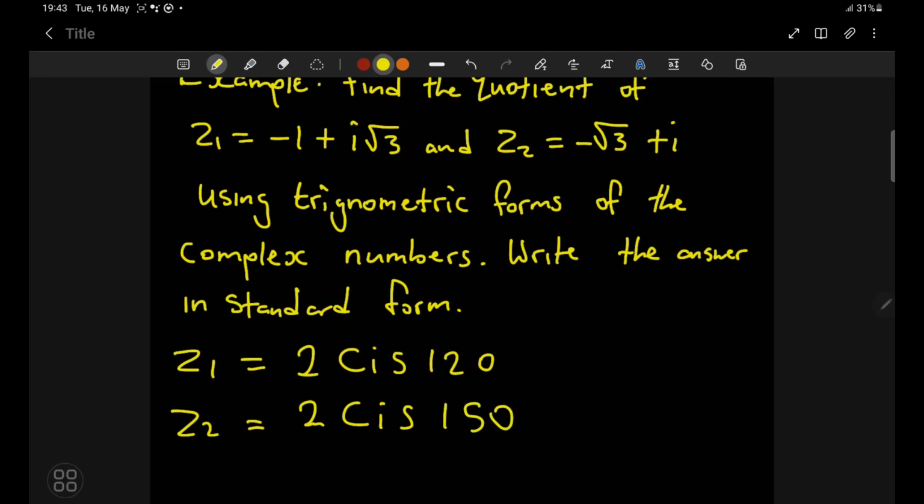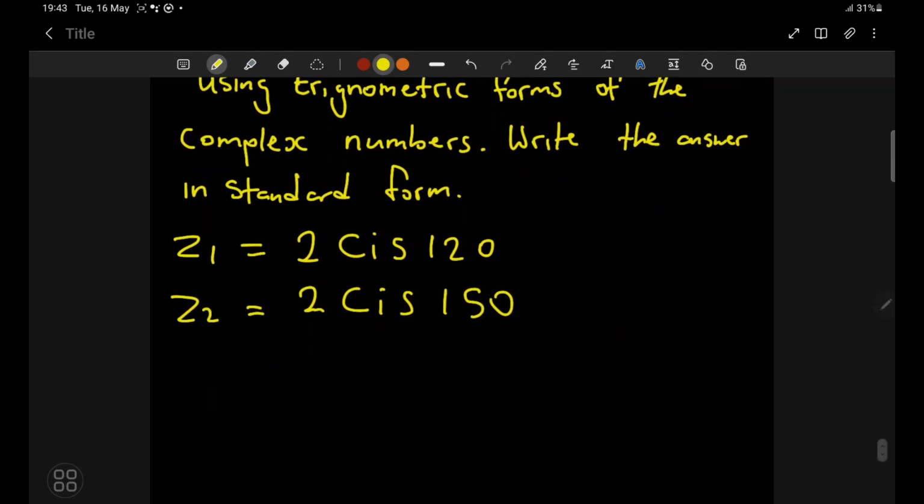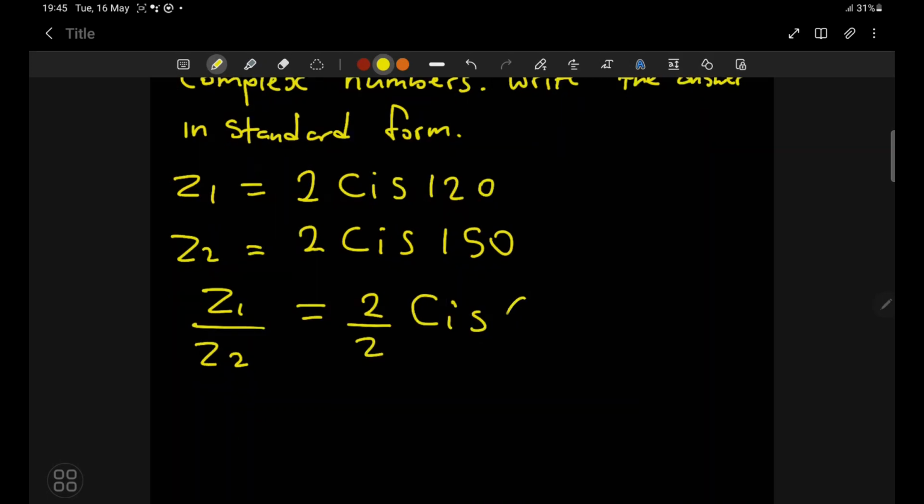Now using the quotient property that I had shown you, we write Z1 divided by Z2. For this one, we'll have 2 divided by 2, which is 1, and the angle is 120 minus 150, so that is cis of negative 30.